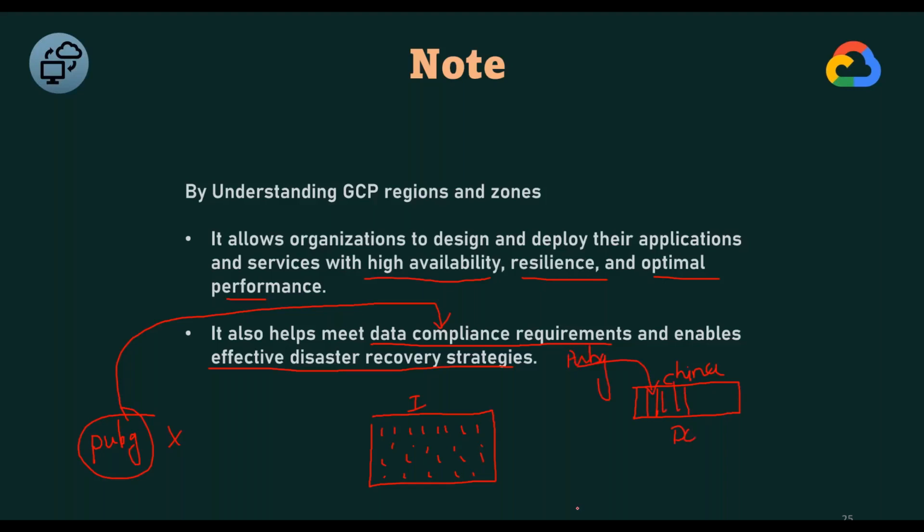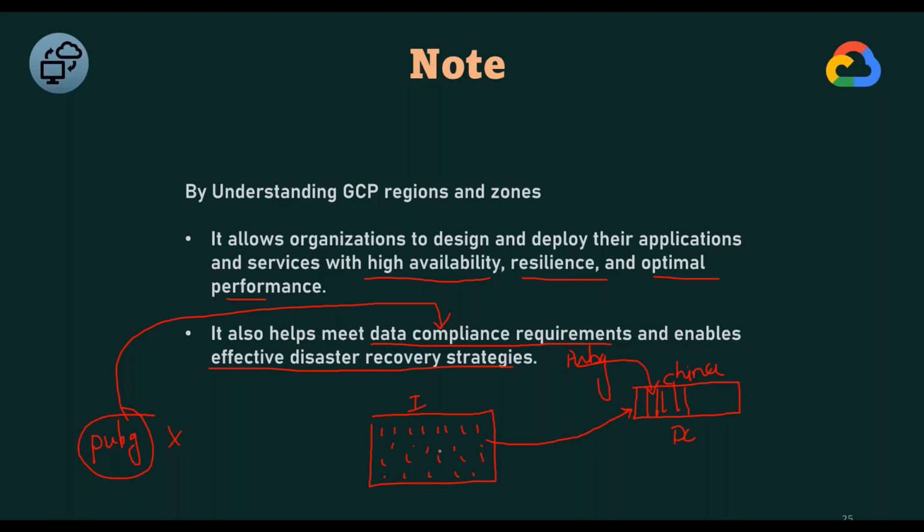Now what is the problem, sir? China is very near to India, that is fine, and they are able to access the application. The application is very fast. So what is the problem here? Every person in India trying to access the PUBG application, which was deployed in China's data centers. The entire data of the Indian people was actually not stored in India.